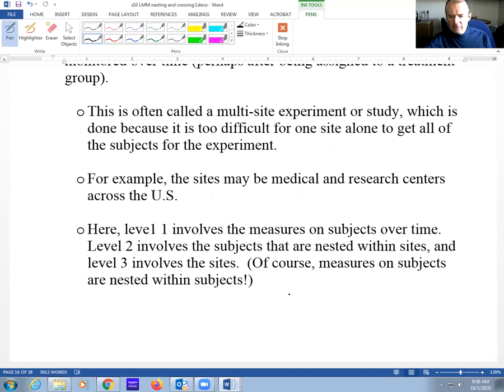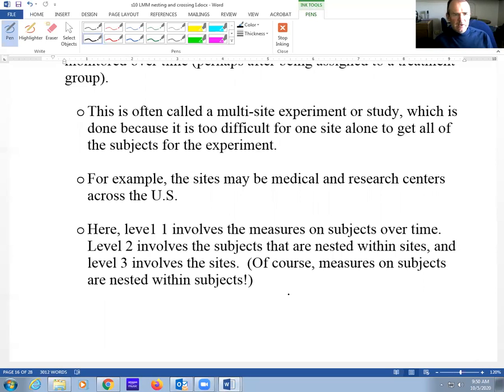You could also have a situation where you don't have repeated measures, but you have 3-level data. So, for example, you could have subject as the smallest unit.